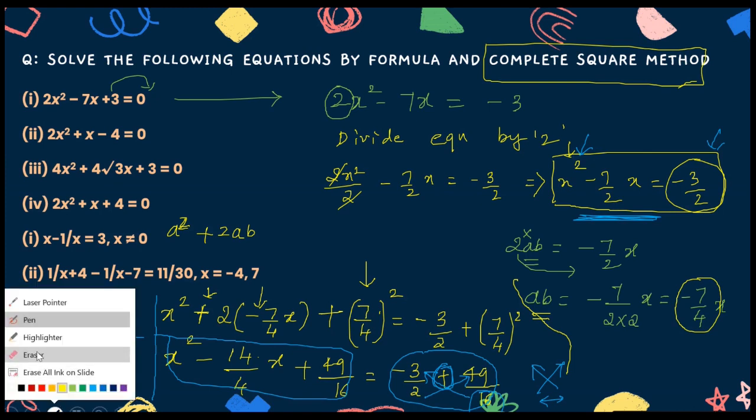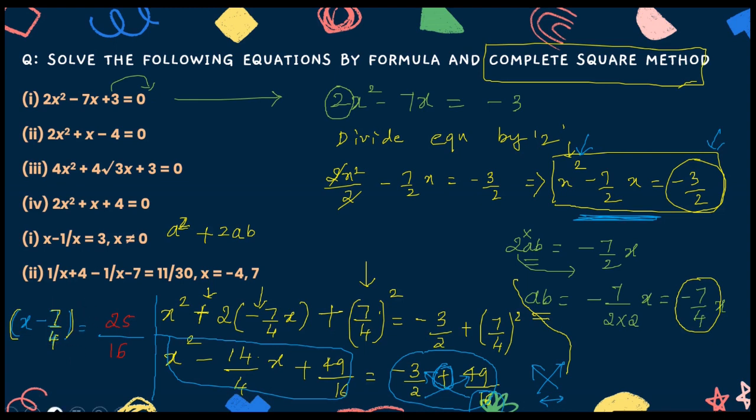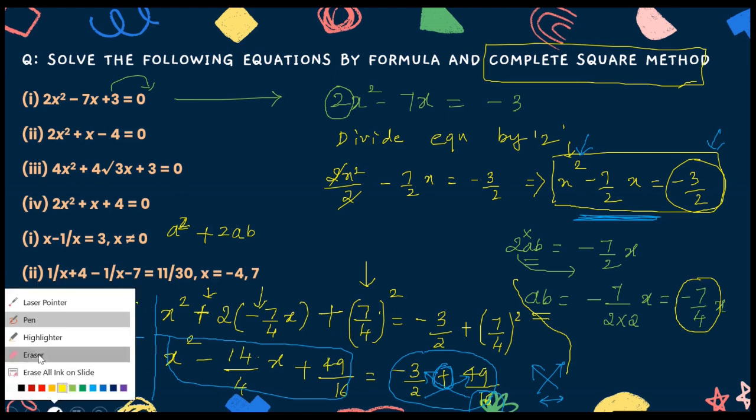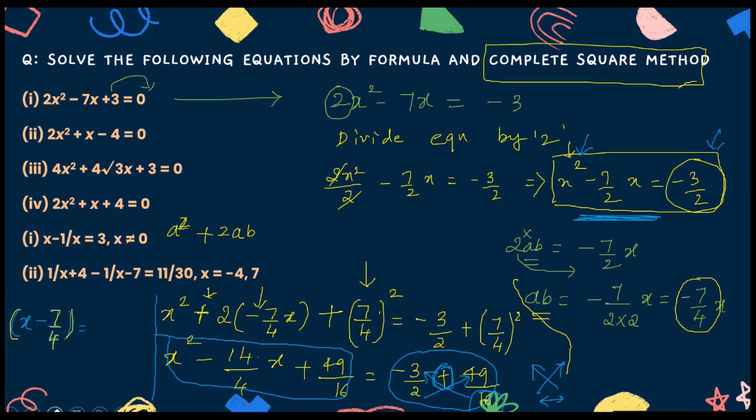So in the next step, if I remove this square, then I will adjust that square with the square root on the right side. Everyone knows this. Now what is the square root of 25 by 16? Square root of 25 by 16 is 5 by 4. Very simple. 5 by 4.